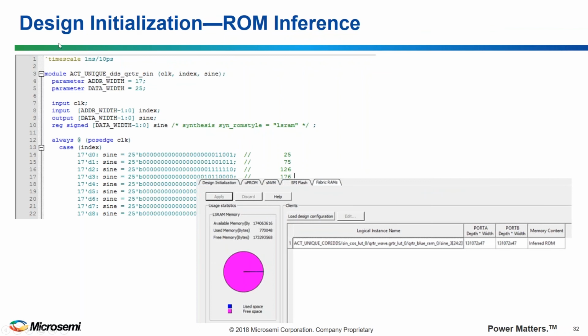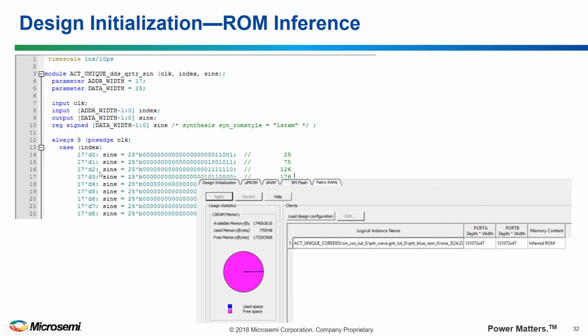And then from there you have tabs for the microprom, where you can create partitions where you're storing data, the secure non-volatile memory, and the SPI flash. And then you'll see a tab that shows all of your fabric RAMs, and you can bring in your initialization data. For example, on this slide, we're showing some RTL code that uses a case statement to infer a ROM.